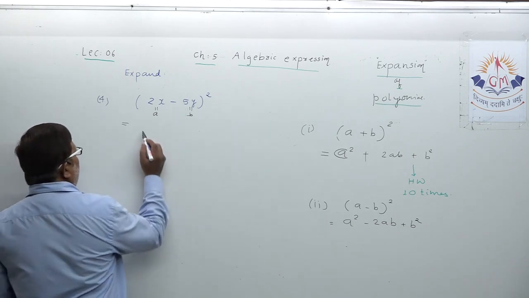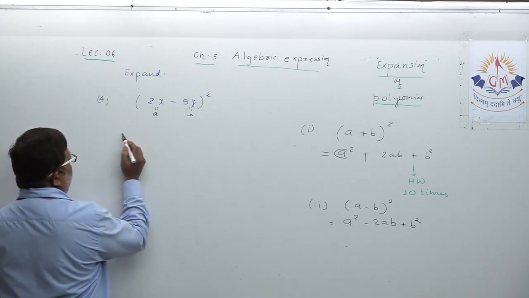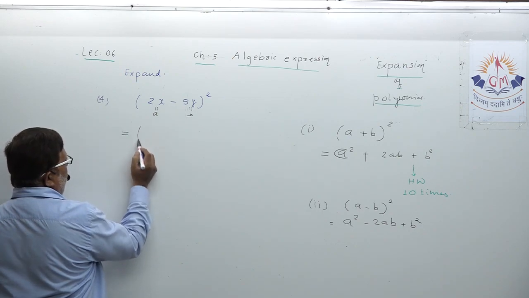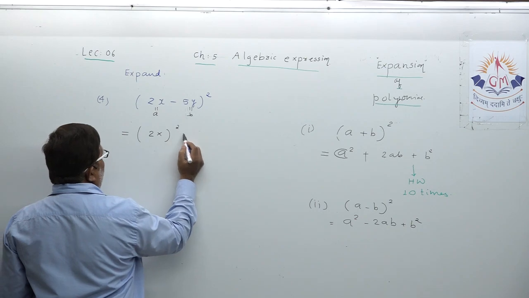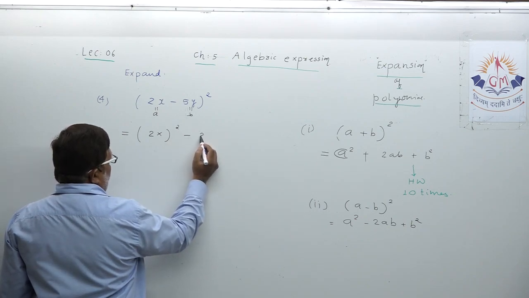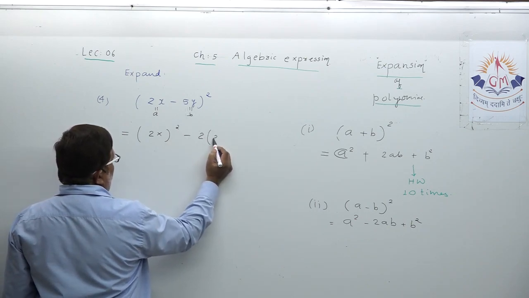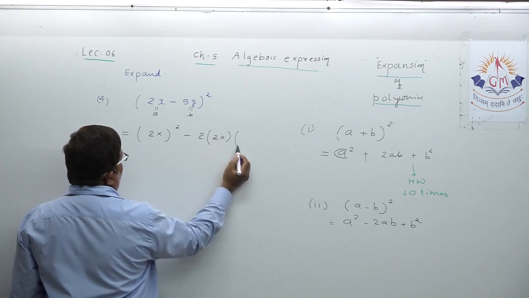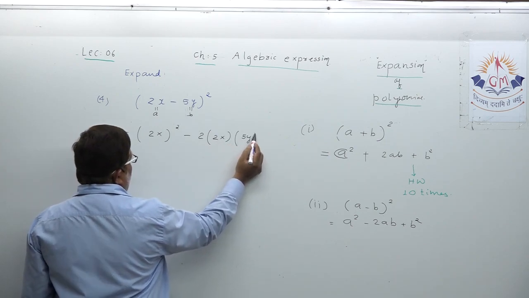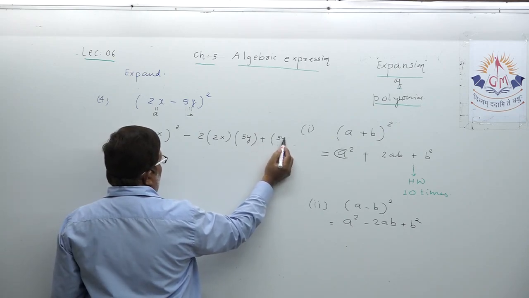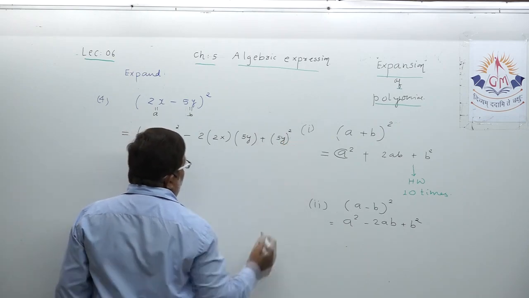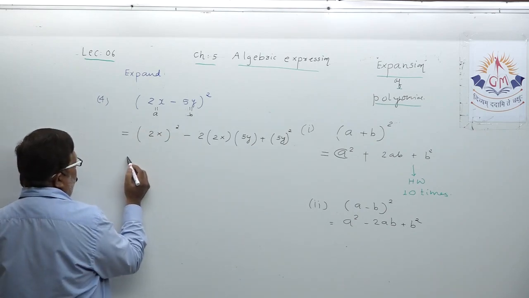Let us move. A square, that means 2x square, minus 2 into a, that is 2x, into b, that is 5y, plus b square, that is 5y whole square.